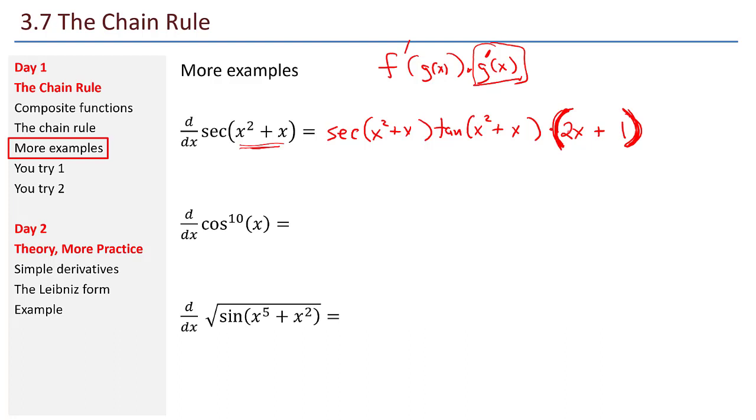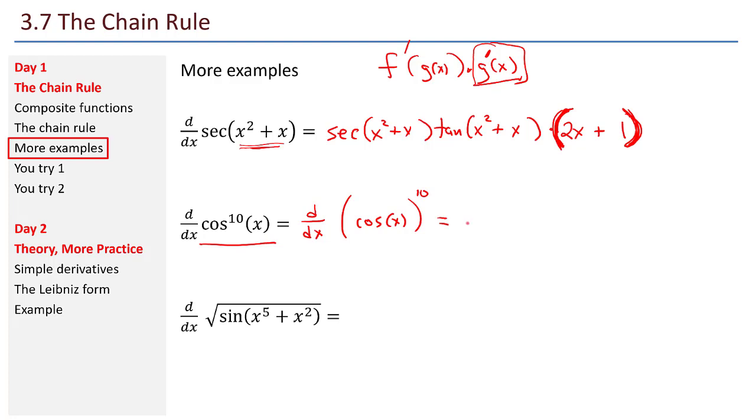Okay, moving on. Second example. What makes the second example tricky is that the notation just looks a little bit weird. Cosine to the 10 of x, what that really means is, so I'm not going to take the derivative, I'm just going to rewrite it. Cosine of x, all of that raised to the 10th power. What is the outside function?